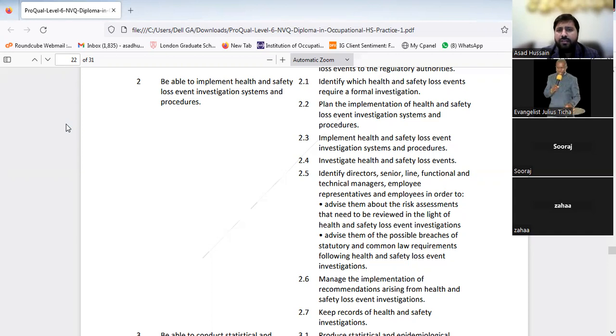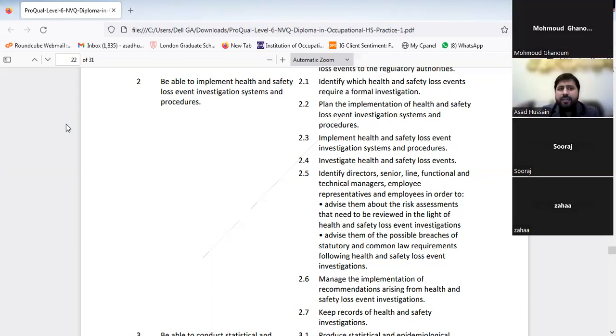Now 2.2 is plan the implementation of health and safety. Yeah, Mahmoud. Sorry, my laptop is hung. That's why I need to say something about the previous one, 1.6. Yeah, sure. And 1.6, actually for the SRA, we have a different form for reporting the accidents.